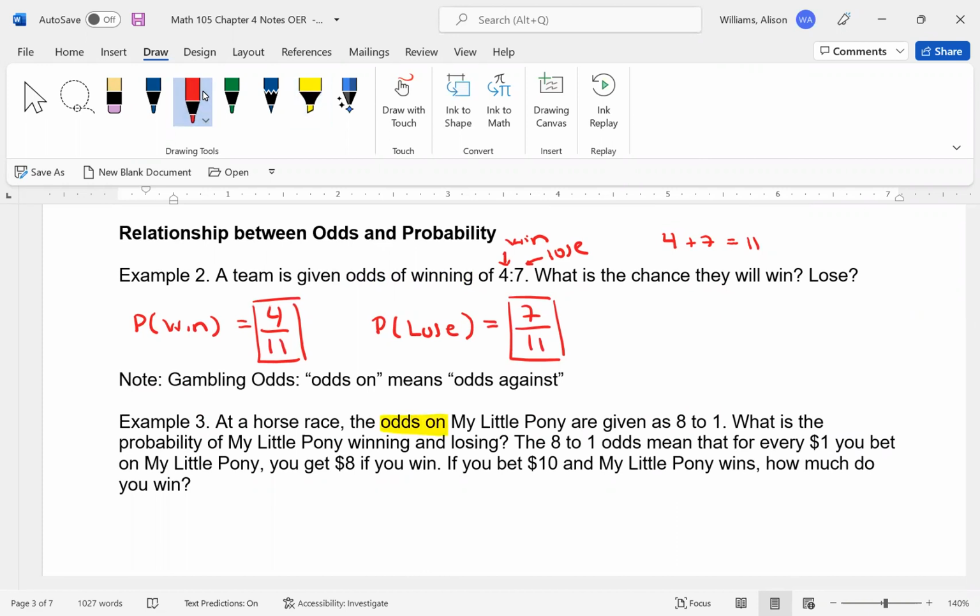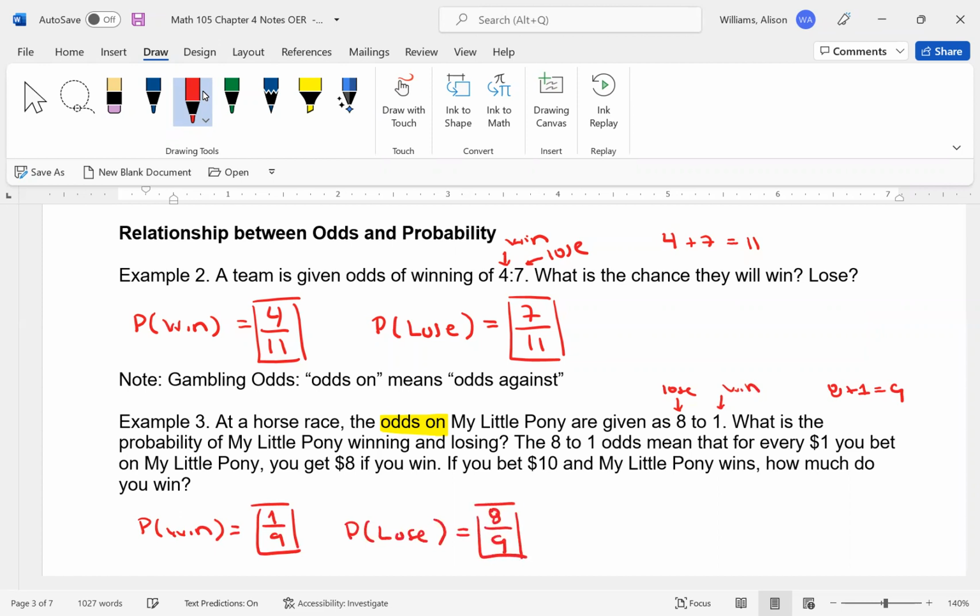So they're going to lose versus win. What is the probability of My Little Pony winning and losing? Winning is 1 out of 9. Losing is 8 out of 9.